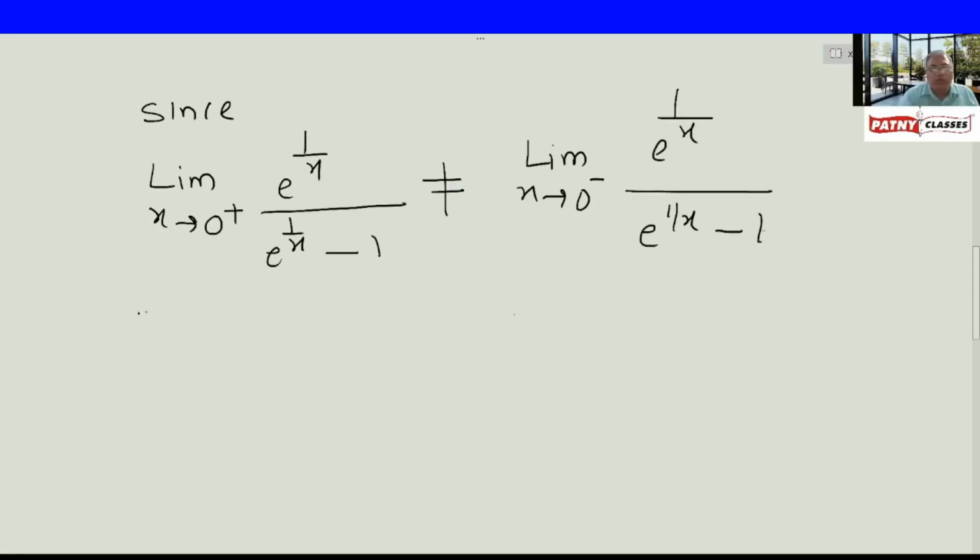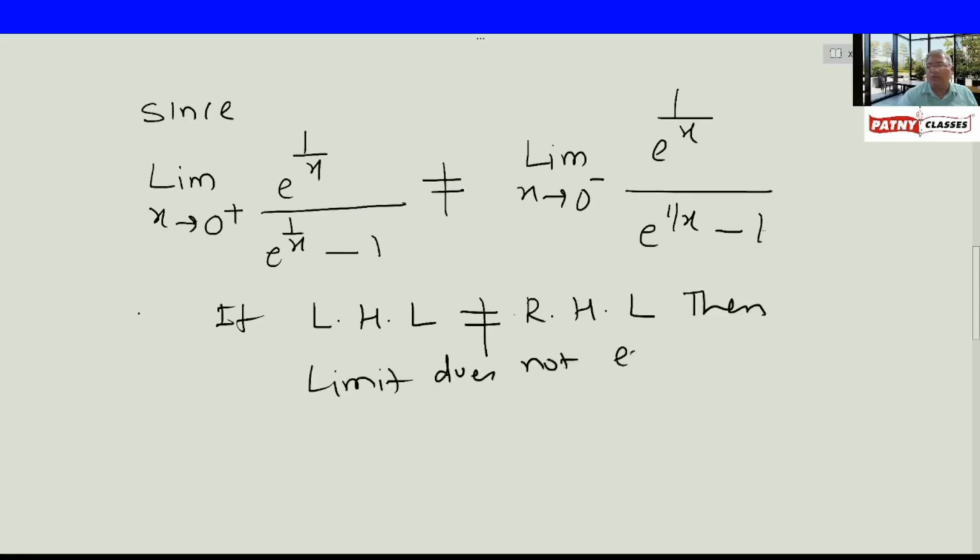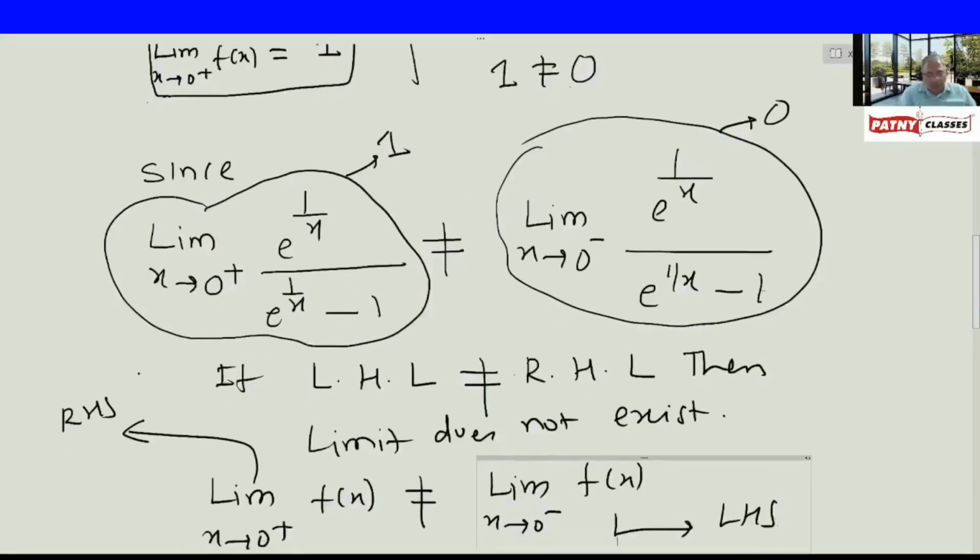Now there is a rule. What is the rule? If left hand limit is not equal to right hand limit, then the limit does not exist. This is the rule. Since in our problem the left hand value equals 0 and the right hand side value equals 1, therefore the limit does not exist at x equals 0. 0 can't be the limit of this function because both the values are different.